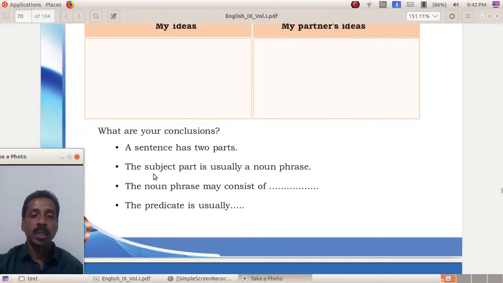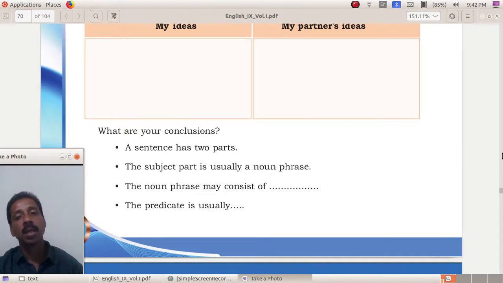Then the conclusion is given. A sentence has two parts, which are the subject and predicate, or noun phrase and verb phrase. The subject part is usually a noun phrase. The noun phrase may consist of, as we have seen, predeterminer, determiner, adjective, prepositional phrase, relative clause. The predicate is usually: what all words are included there?